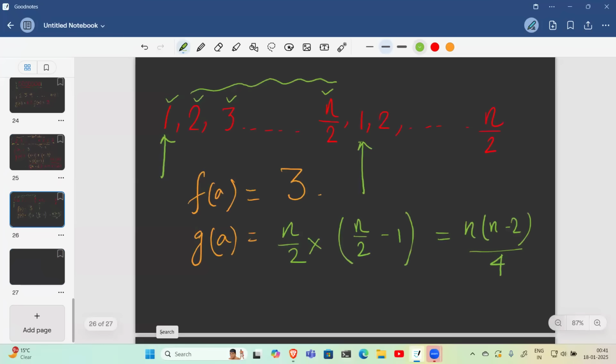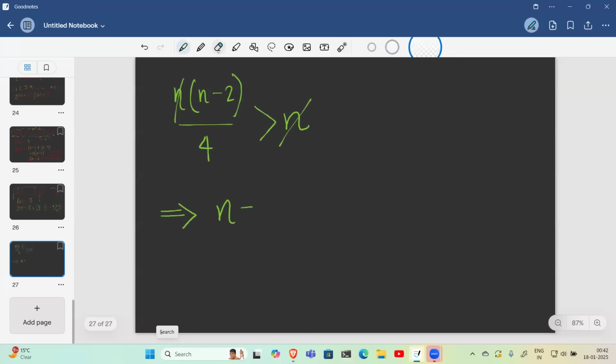So now I can always print this answer where g of a is basically n times n minus 2 by 4. But I want this value to be greater than n, right? So I want n times n minus 2 by 4 to be greater than n. This n gets cancelled, so that simply means I want n to be greater than 6.